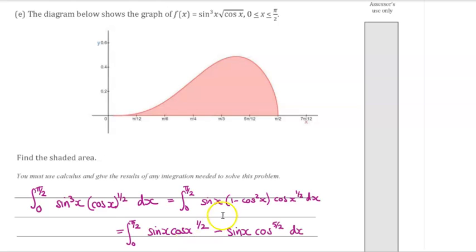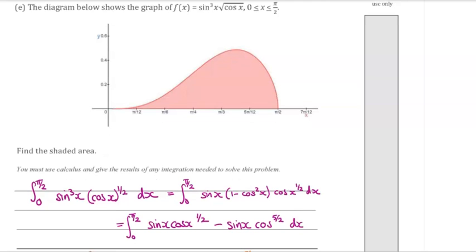Then if I multiply out that bracket, we end up with sine x cos x to the half minus sine x cos to the 5 over 2, just multiplying this through. Now that might not look like it's helped much just yet, but bear with me.